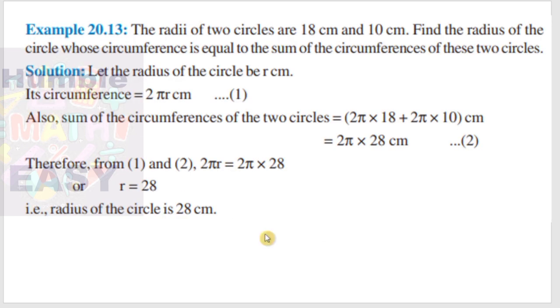Then we come up with the example. The radii of two circles are 18 centimeters and 10 centimeters.